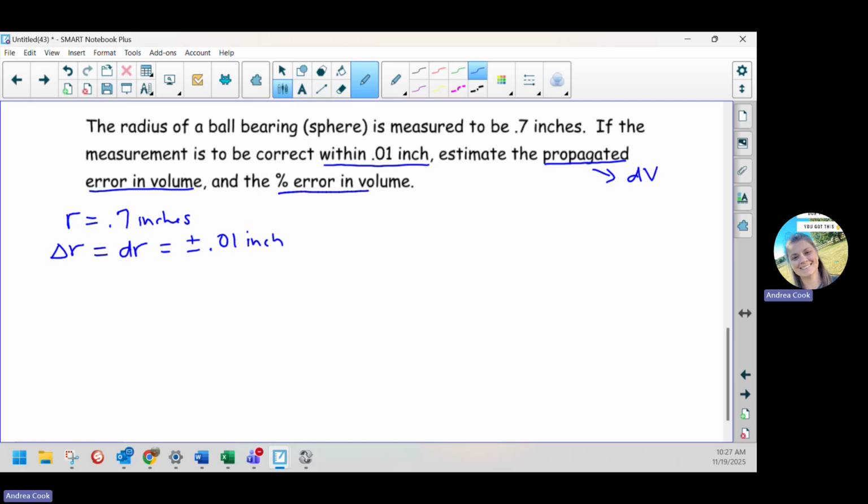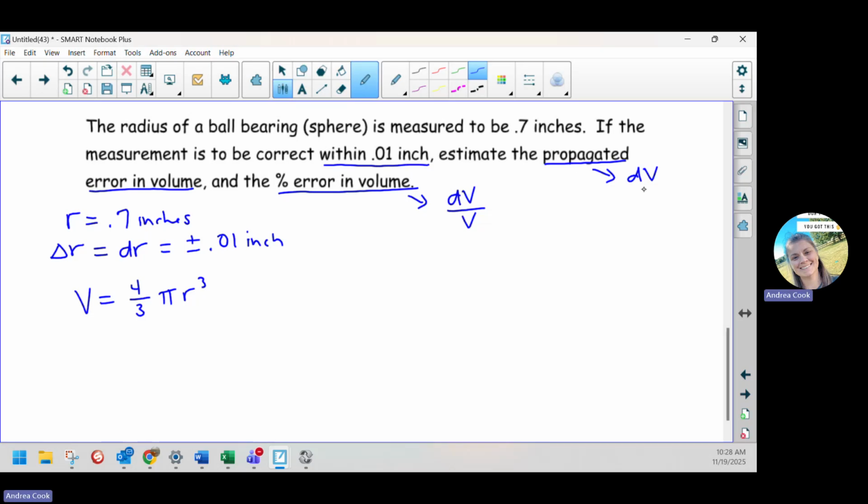And percent error in volume means we're going to do dV over V. Okay, so now I see that we need dV, so that means I need the volume formula. So my volume formula is 4/3 pi r cubed. So that is my volume of a sphere.